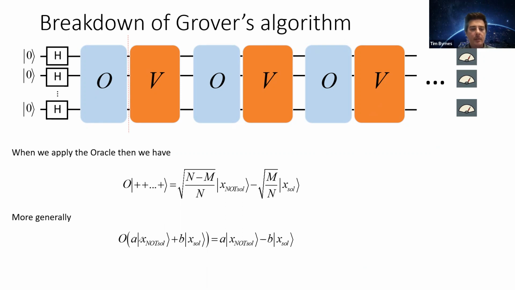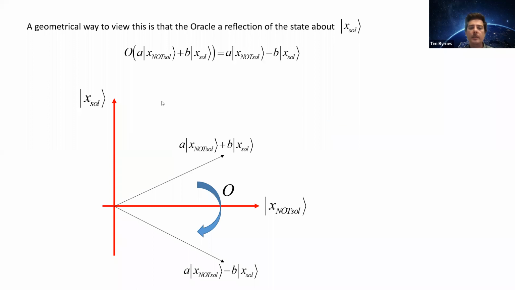In general, that's what the oracle always does: just flip the sign of this term here. Then let's keep going. Oh, I see. Yes, sorry. There's a really nice way to actually visualize what's happening here.